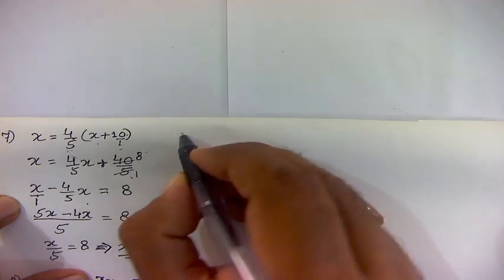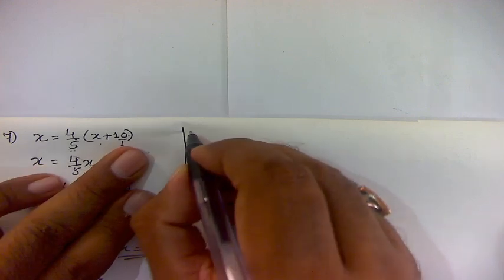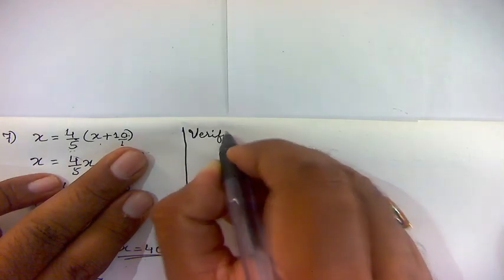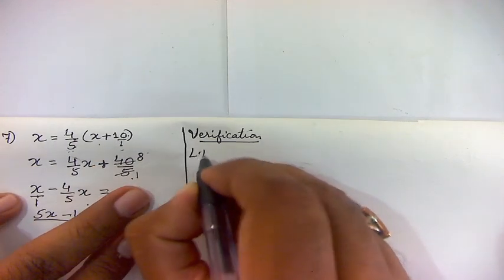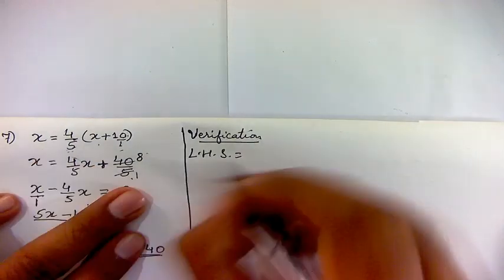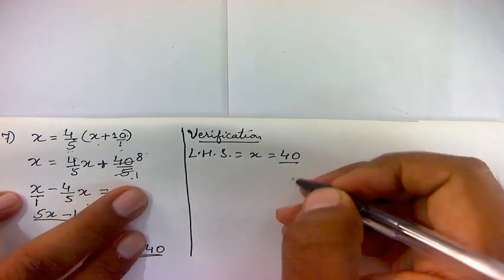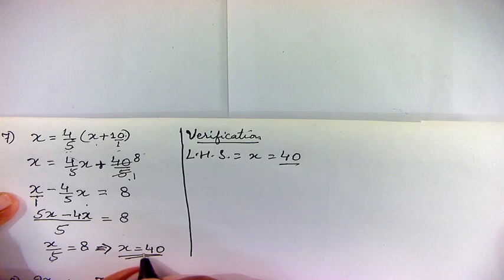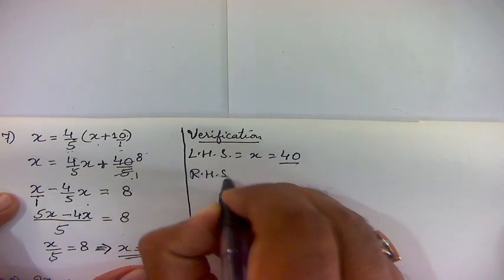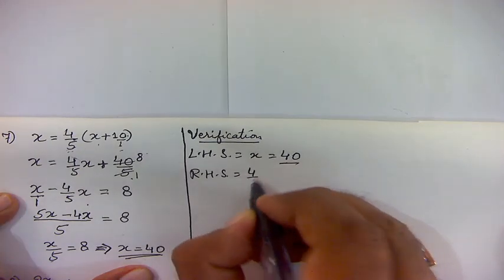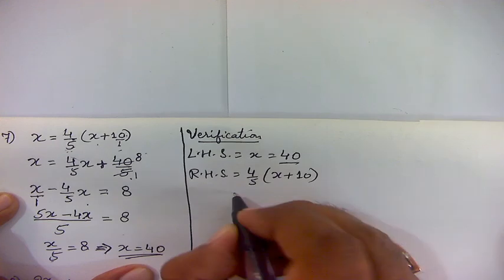And now verification. If you verify, your left hand side is x, and it is equal to 40. Straight away it is 40 because we got the value of x as 40. And the right hand side is 4 upon 5 multiplied by (x plus 10).